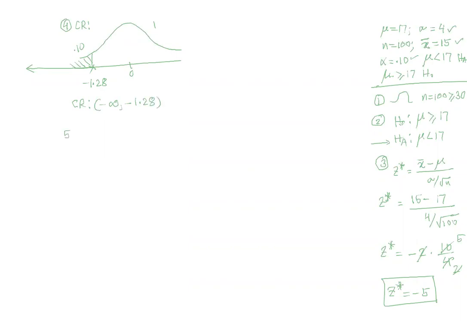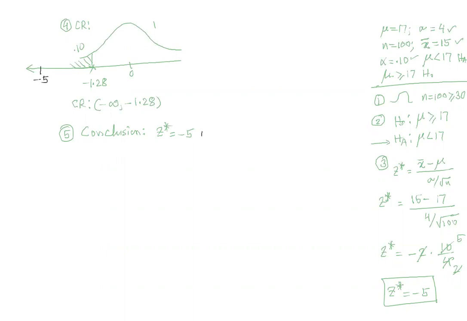In step number 5, you're going to be doing the conclusion. All right. So the conclusion is that Z star is equal to negative 5. Where does it fall? It's probably somewhere here, negative 5.